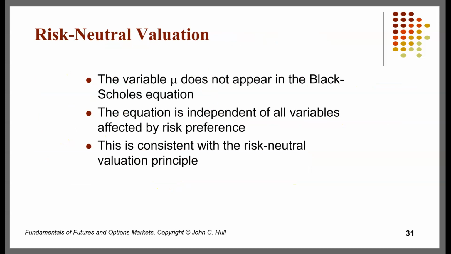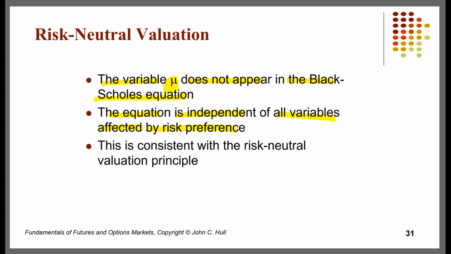Now our risk neutral valuation, that's essentially the assumption that we made when we said that in the no arbitrage world we are not going to use mu, we are instead going to use the risk-free rate, which is R. So the variable mu does not appear in the Black-Scholes option pricing equation, and the equation is independent of all variables affected by risk preference.